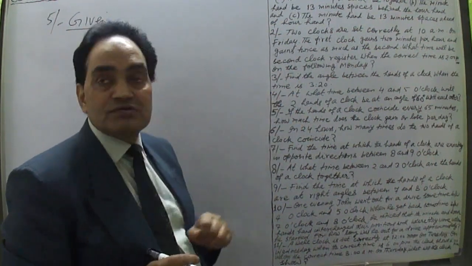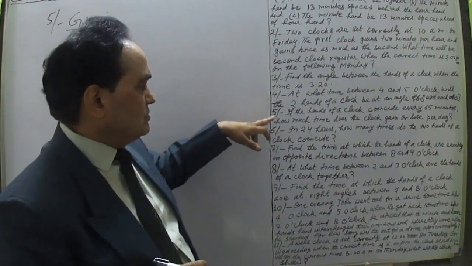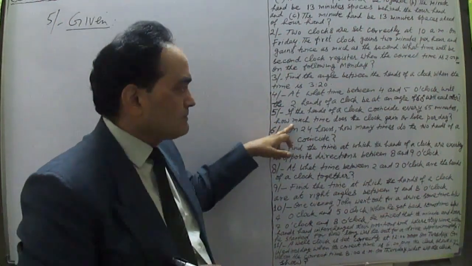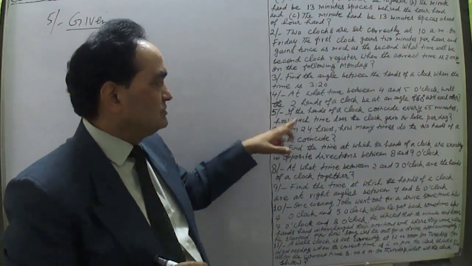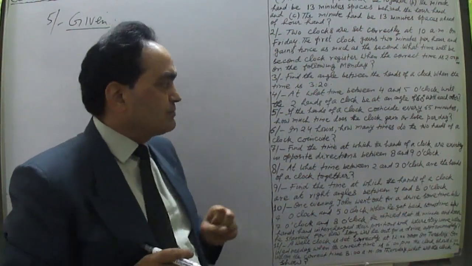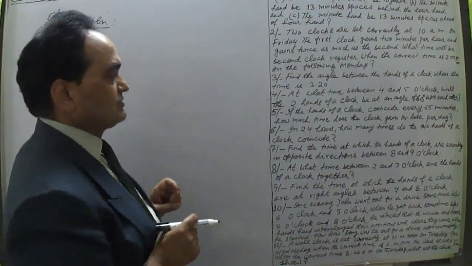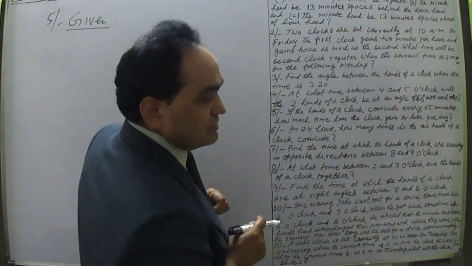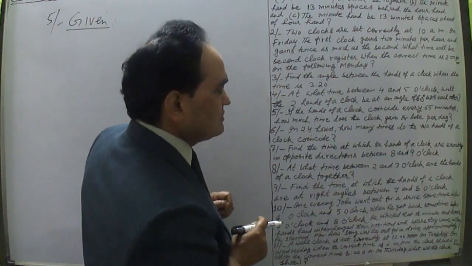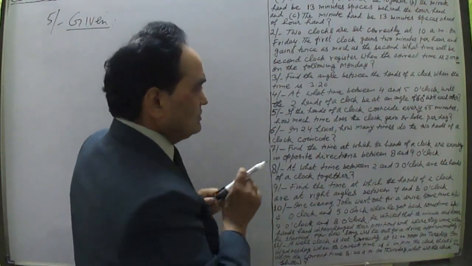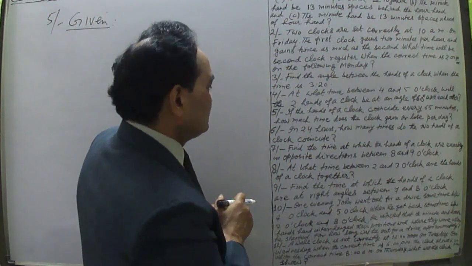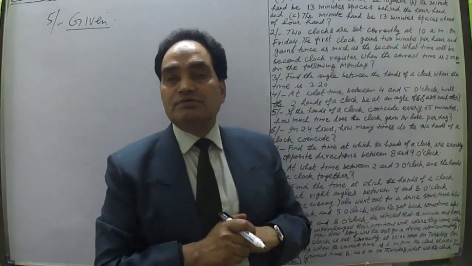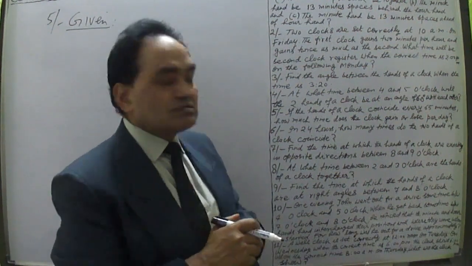Per day, so what much time will it lose? Per day we have to find out if the hands of a clock coincide every 65 minutes. If the hands of a clock coincide, the angle made is 0 degree. Per day means in 24 hours.